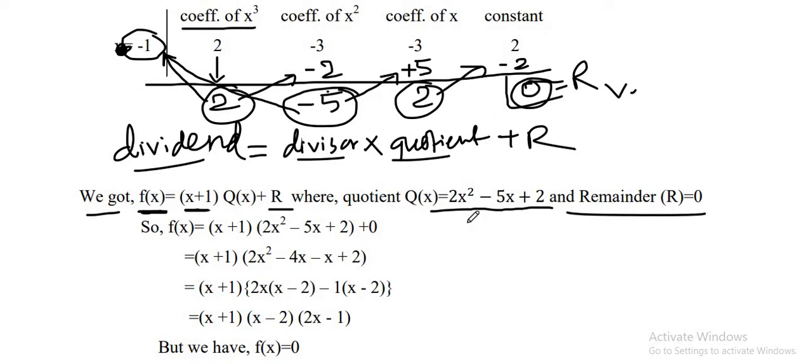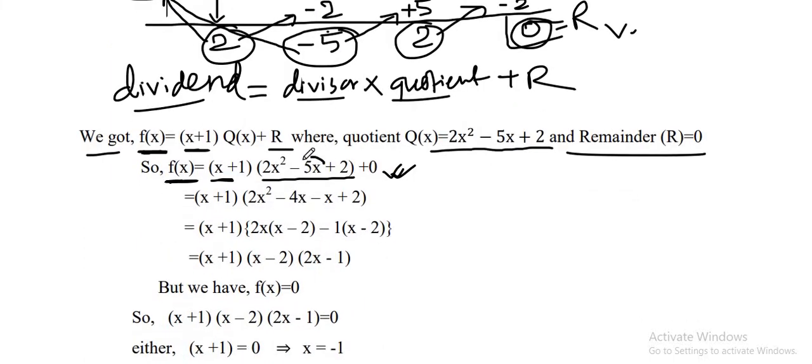Now when we substitute q of x, the quotient, by 2x square minus 5x plus 2 and the remainder by 0, then the polynomial f of x becomes x plus 1 multiplied by 2x square minus 5x plus 2 plus 0, and that 0 doesn't have any meaning here. And now what I did here, I just broke the middle term, minus 5x, into minus 4x and minus x. We have to split the middle term and factorize it.